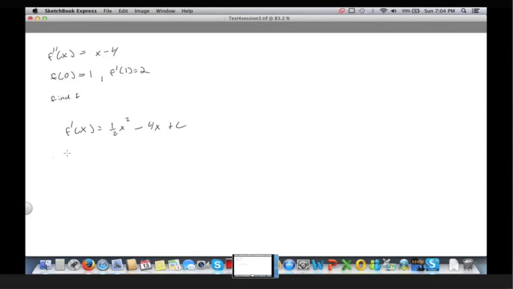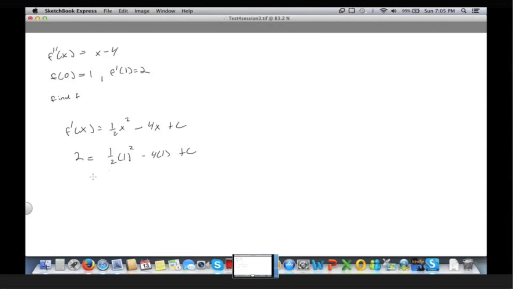That's good. And then now we can set this equal: 2 equals 1 half of 1 squared plus 4 times 1 plus c.